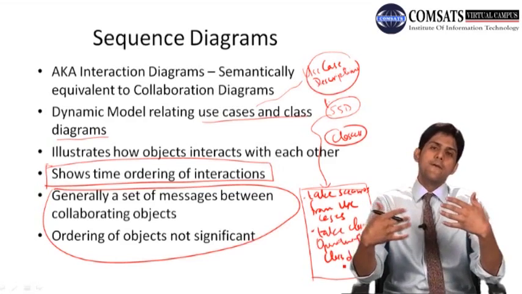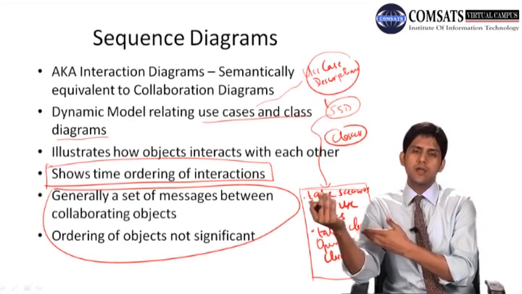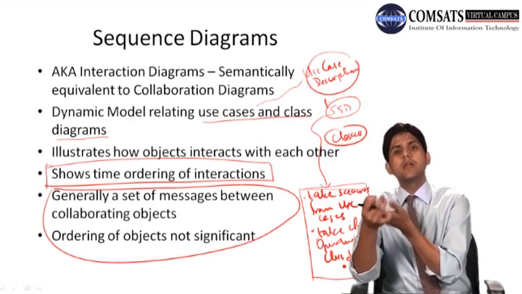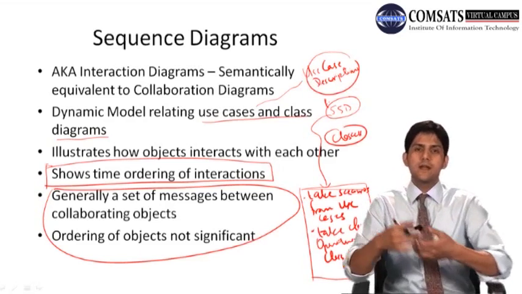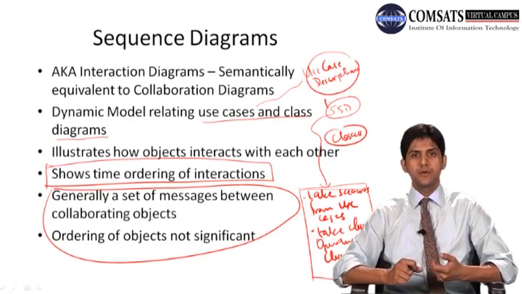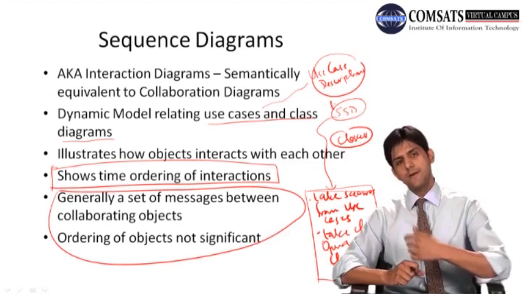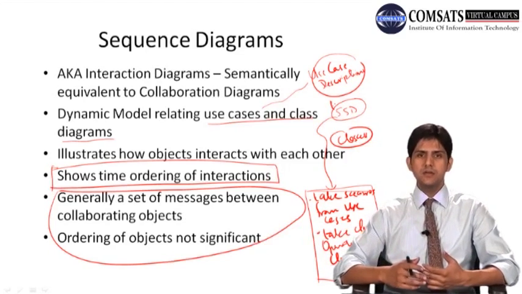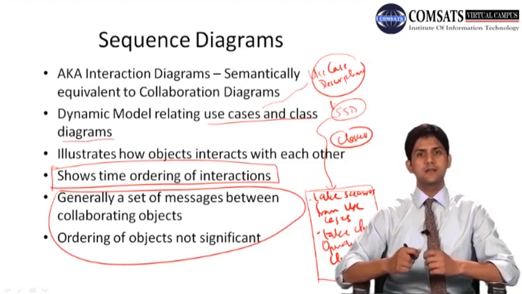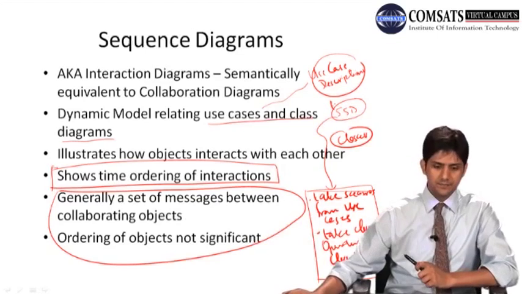The use case only tells us the actor's interaction with the system. It does not tell us how different objects will communicate with each other. Whereas a class diagram only tells us how different objects will communicate with each other. It does not show how an actor is involved in a particular case. So the system sequence diagram relates these two things. It bridges the gap between the use cases and the class diagrams.